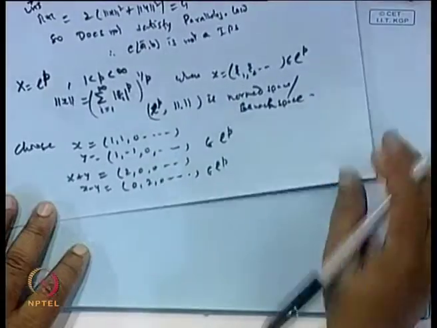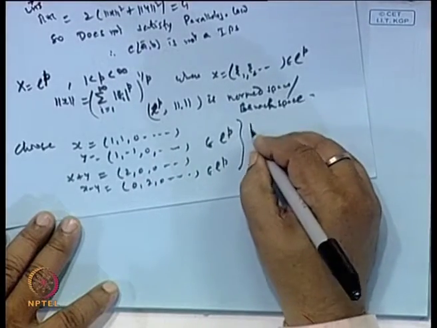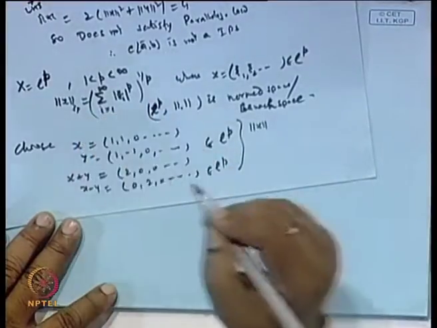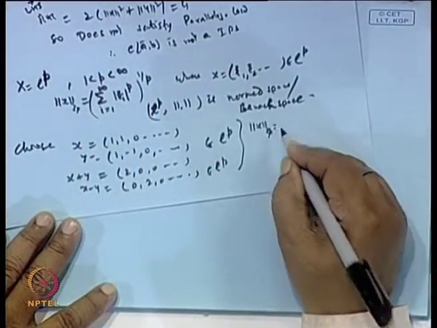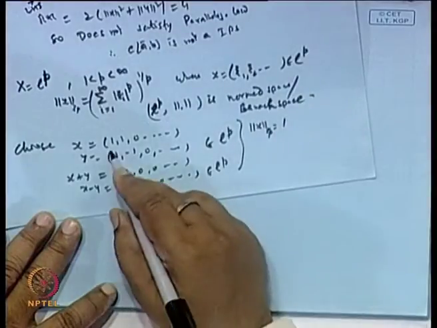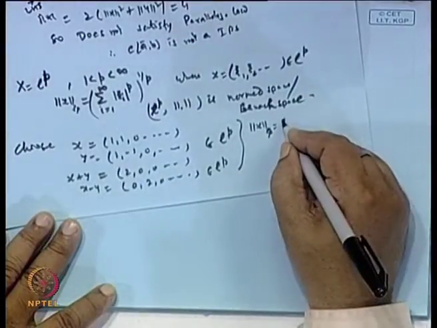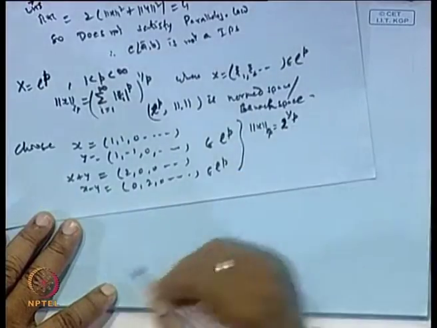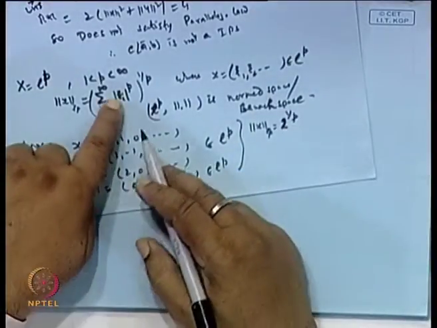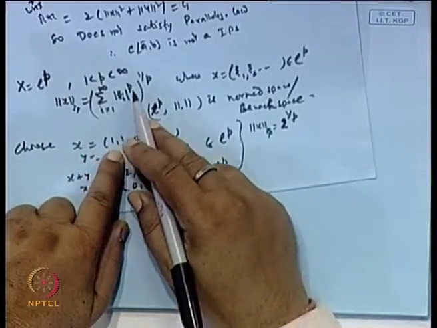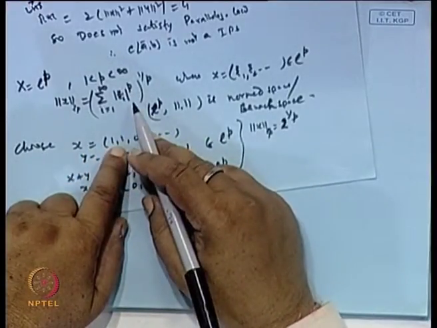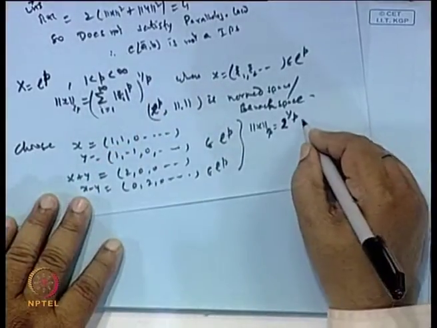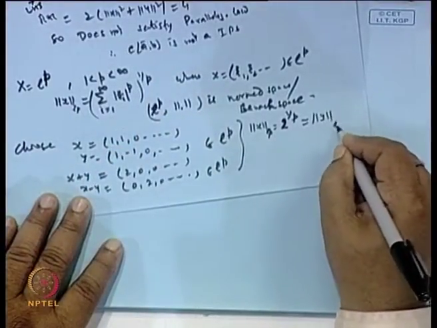What is the norm of x under L^p? This is equal to (1 to the power p plus 1 to the power p) to the power 1 by p, which is 2 to the power 1 by p, and that is the same as the norm of y in L^p.